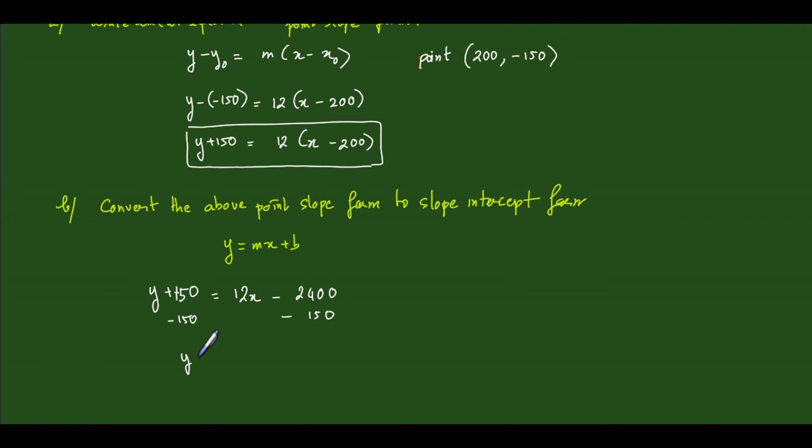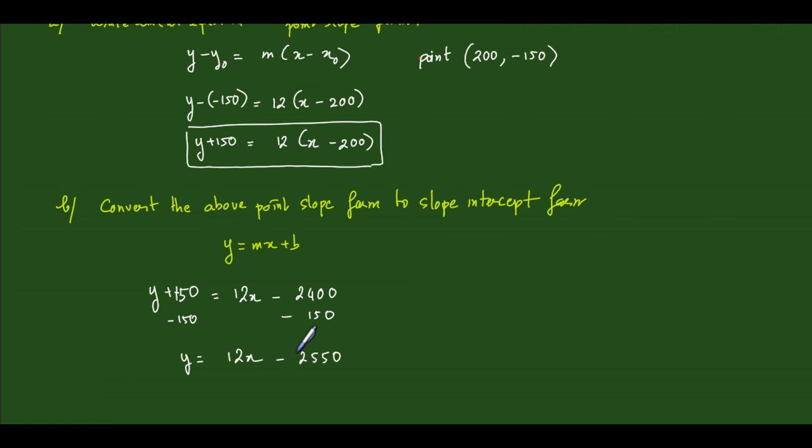Alright, then you have y equal to 12x, and 2400 and 150 give you minus 2550. So negative 2550.